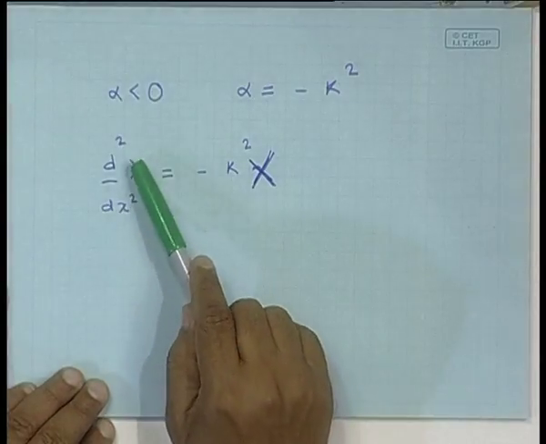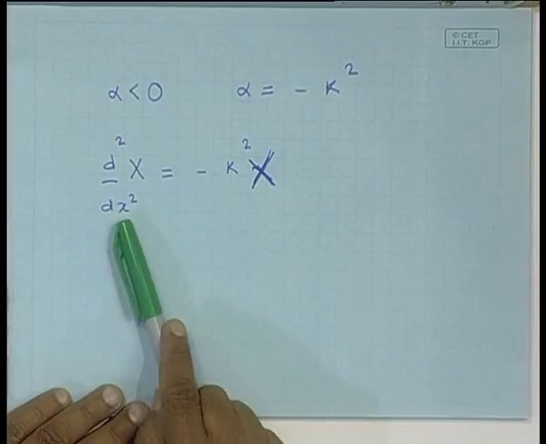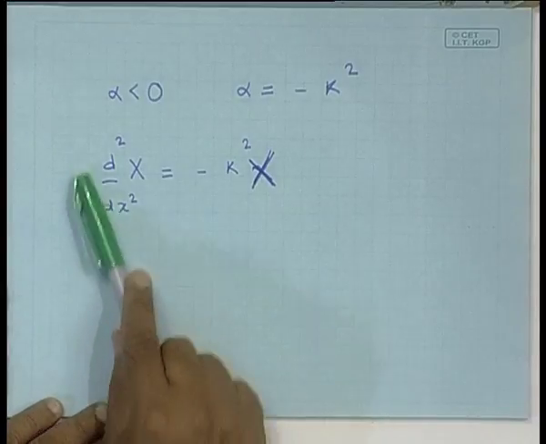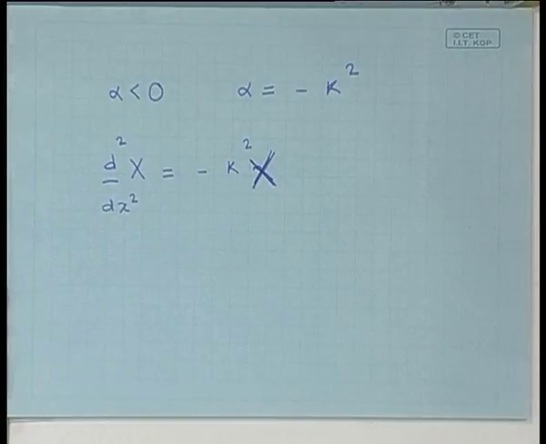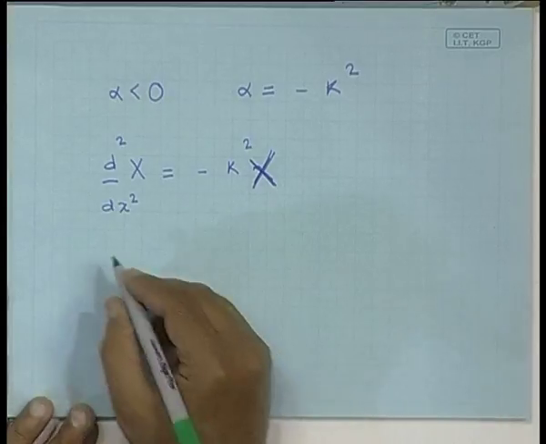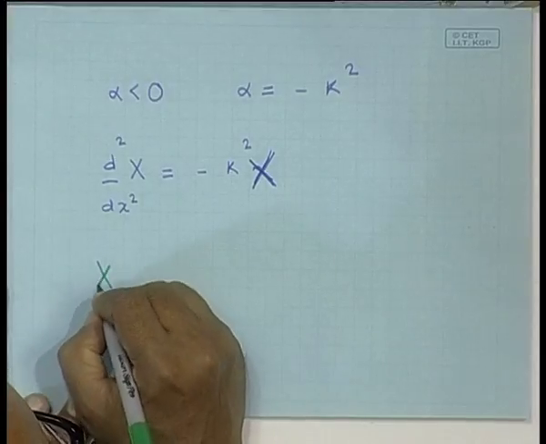The position of the simple harmonic oscillator has been replaced by this variable capital X, and time has been replaced by this variable small x. So, this is nothing but the equation governing a simple harmonic oscillator, and the solution could be written in terms of either complex imaginary exponentials, or you could write it in this fashion.